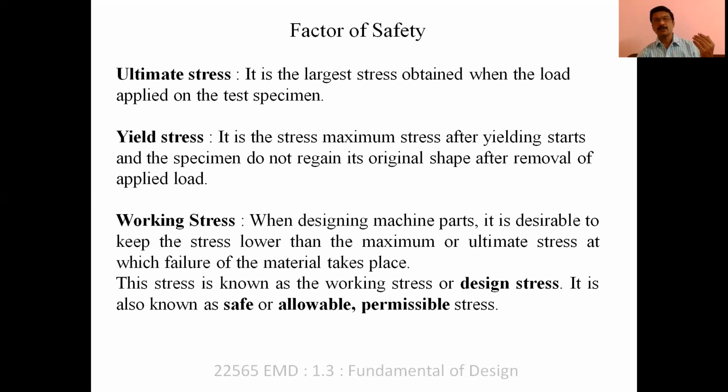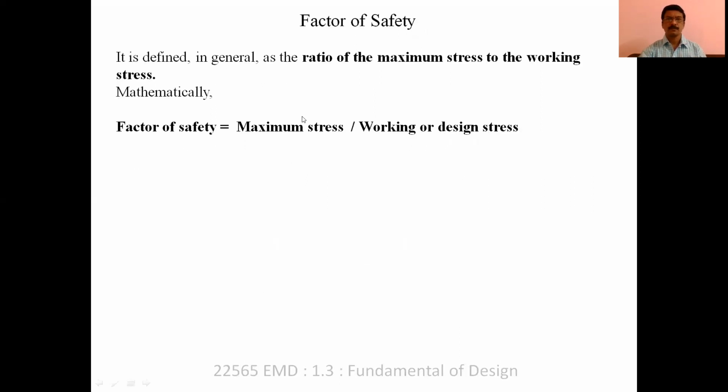Now let us come to the factor of safety. The definition of factor of safety is the ratio of maximum stress to working stress. Mathematically, factor of safety is maximum stress to working stress. Maximum stress is obviously ultimate or yield.